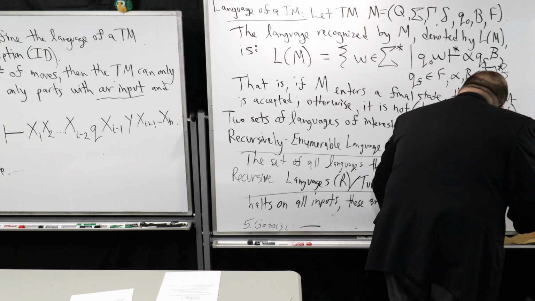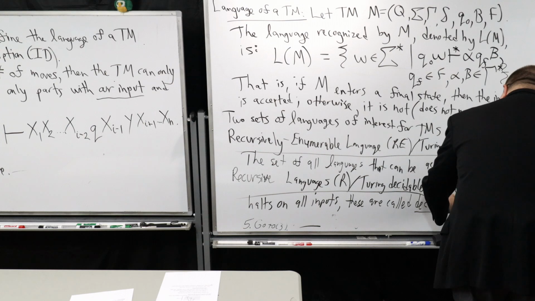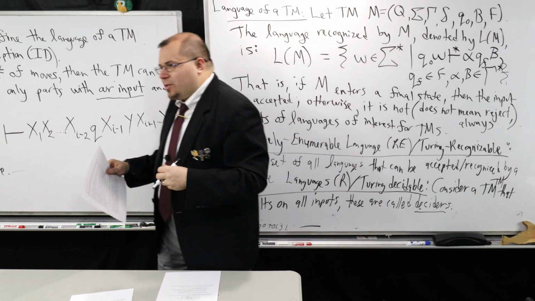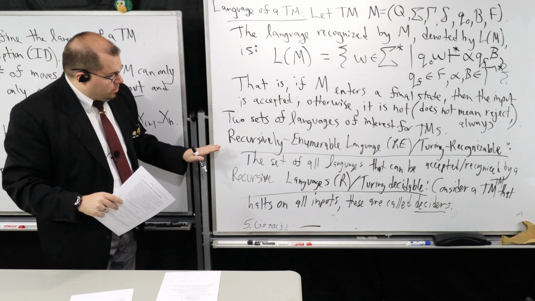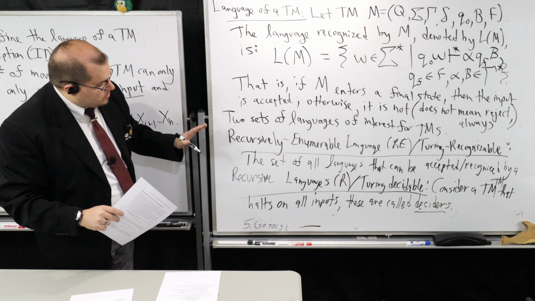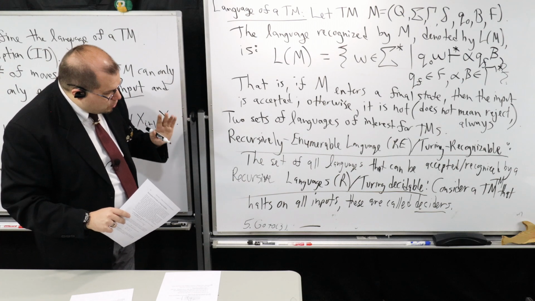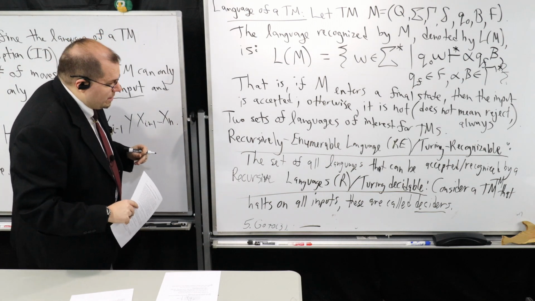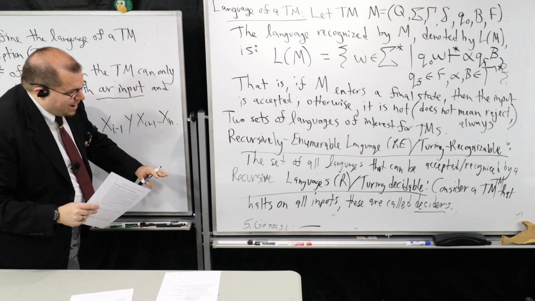You know how I had transducers the other day? These types of Turing machines are called deciders. Likewise, some people would refer to the Turing machines for a language that's recursively enumerable or Turing-Recognizable as recognizers, just to be clear.